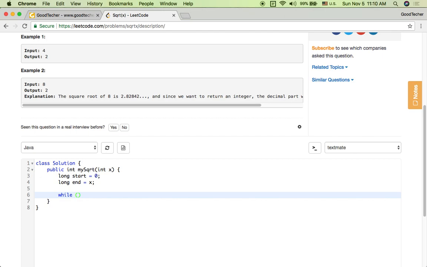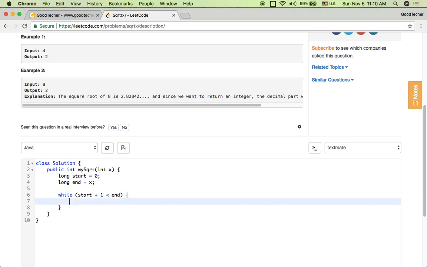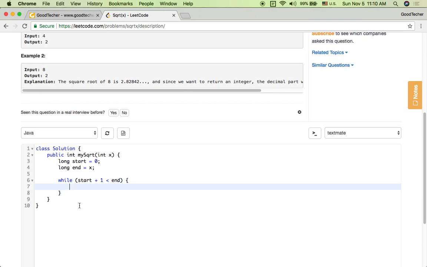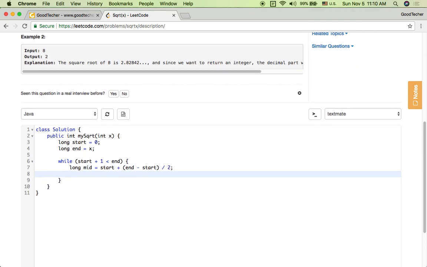Here we just follow the basic code structure for binary search. I have a video also doing binary search, so you can find similar binary search code in other videos. So mid equals start plus end minus start divided by 2.